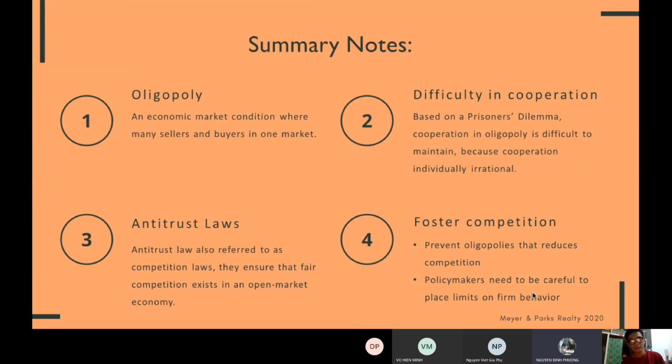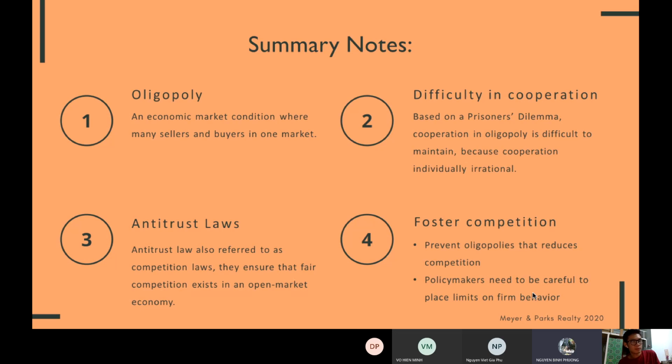Okay, I'm going to summarize what all of the presentation is about and answer two questions. The first one is why it's difficult for oligopoly firms to cooperate. Firstly, oligopoly is known as an economic market condition with a few sellers and many buyers in one market. As said before, monopoly is only one seller.